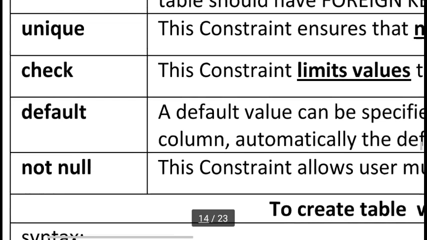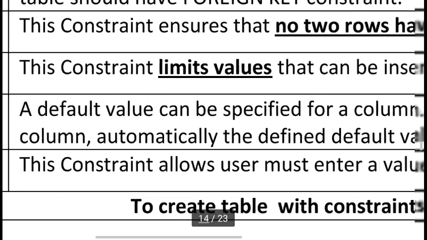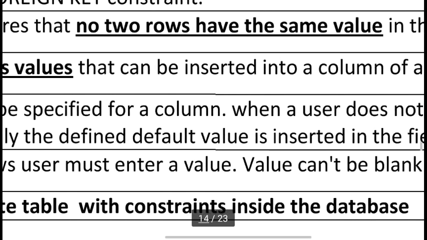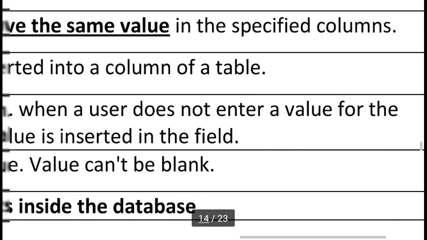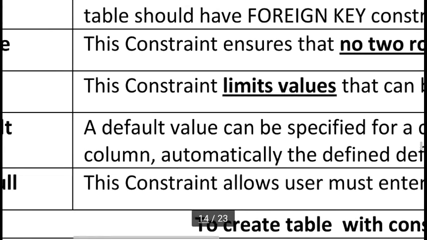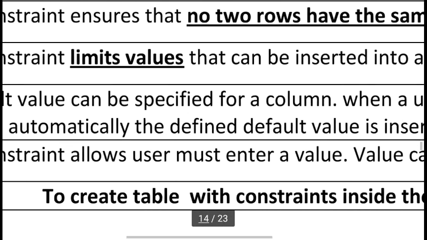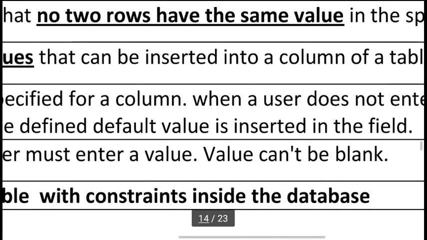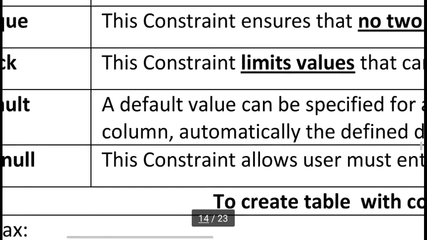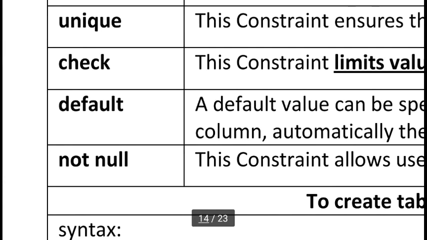Okay, default. A default value can be specified for a column when the user does not enter a value. For such a column, the defined default value is automatically inserted in the field. When we create a table, suppose I select a pin code column name. In pin code, I have already decided a pin code value.